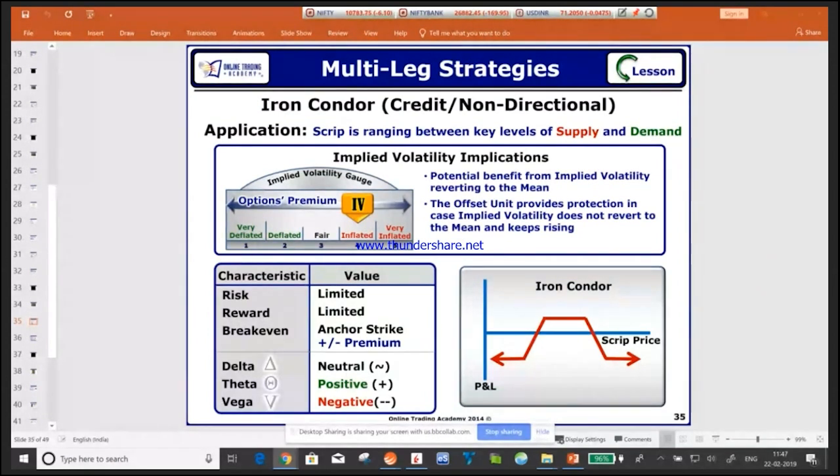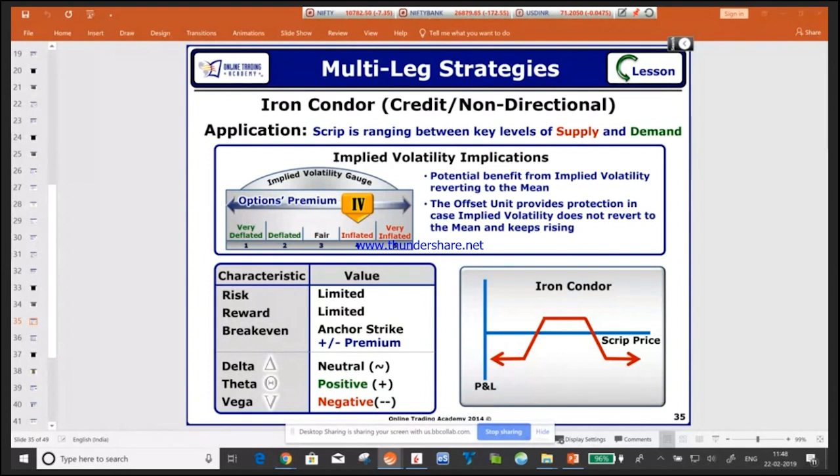Alright guys, I'm back. Have you gone through the strategy, which is iron condor? So what is the difference between an iron condor and a short strangle?